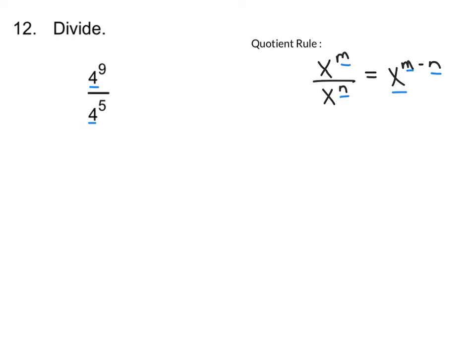So, to solve this problem, we'll keep the base of 4, and then in the exponent position, we have 9 minus 5. 9 minus 5 is 4, so now we have 4 raised to the 4th power. When we do this on the calculator, we get a value of 256.